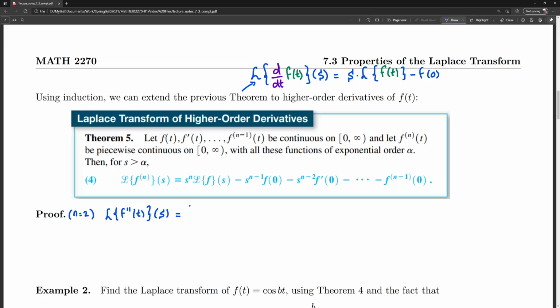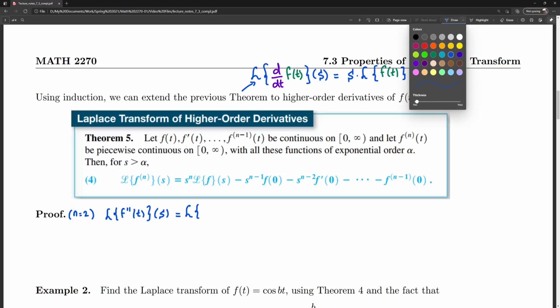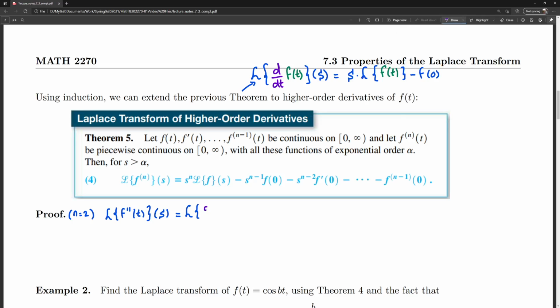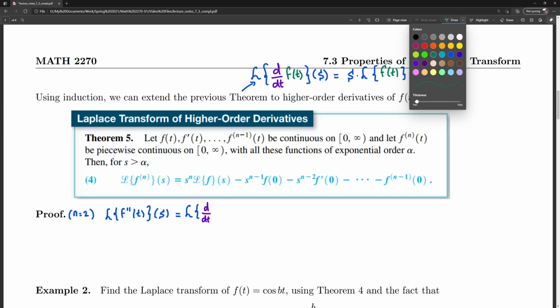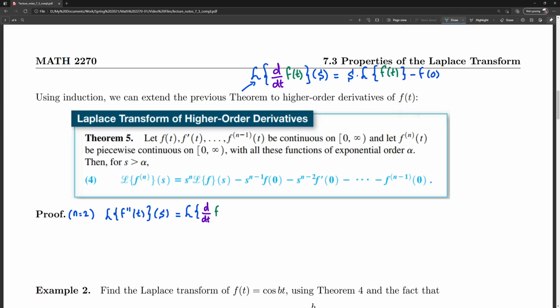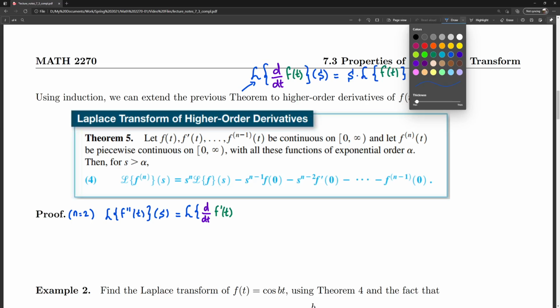I'm going to write that as the Laplace transform of the derivative of the derivative. Right? The second derivative is the derivative of the derivative.